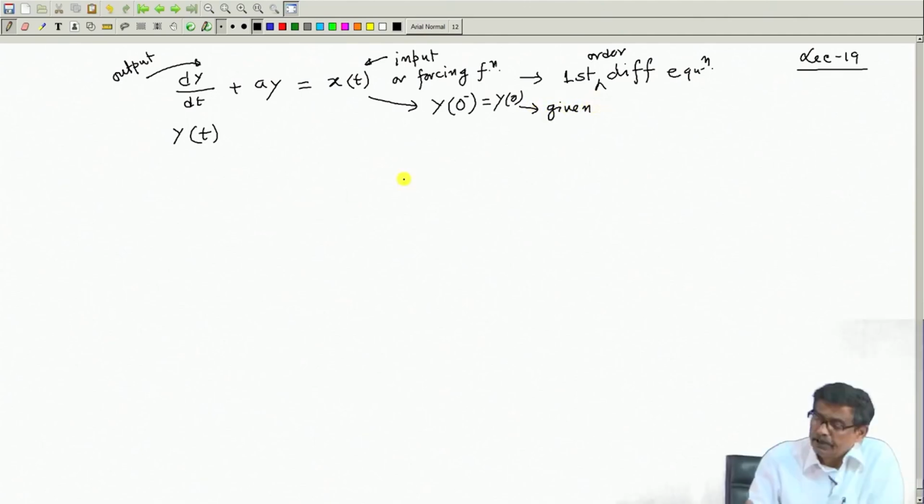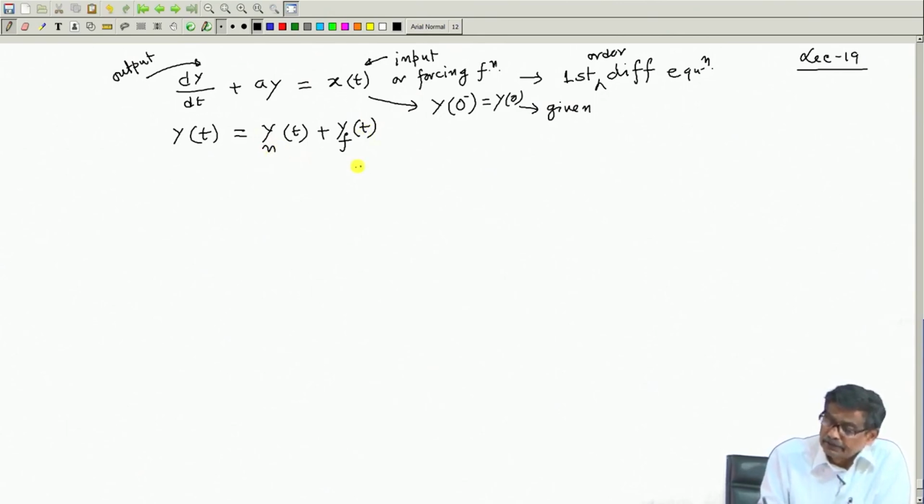The value of y 0 is known. So, the solution will consist of a natural response plus a solution due to the forcing function, which I am writing as y f t. These are the two parts.